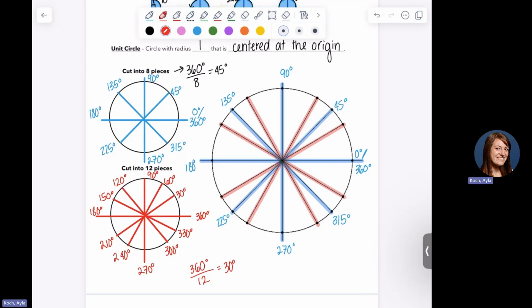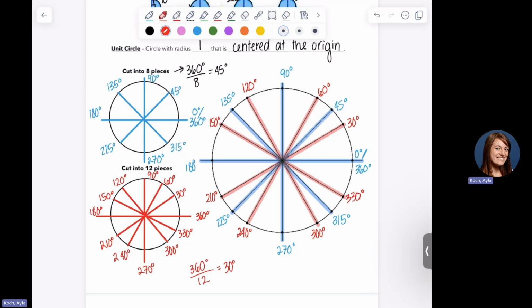So this one is 30 degrees, 60 degrees, 90 is already labeled, 120 degrees, 150 degrees, 180 is already labeled, 210 degrees, 240 degrees, 270 is labeled, 300 degrees, 330 degrees, and 360 is already labeled.